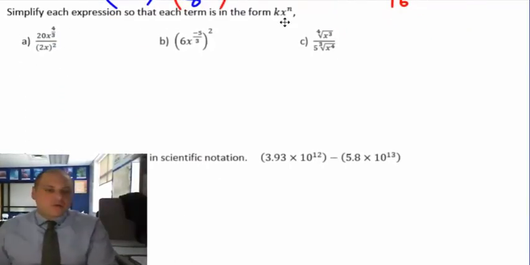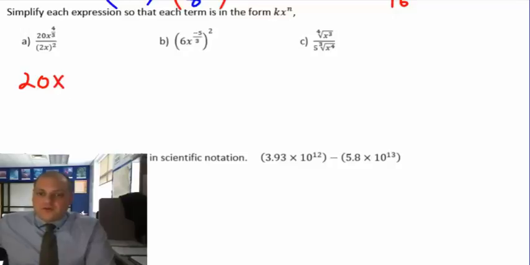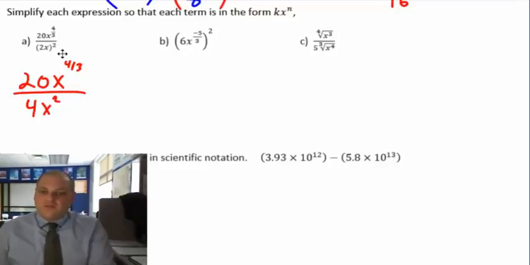Simplify each expression so it's in KXN form. All right, so we'll do the top first. 20x to the 4/3 over, now this has to be done here, 2x squared. That's 2 squared is 4, and then x squared. See what I did there? It's a monomial, so you do square them both. 20 over 4 is 5.